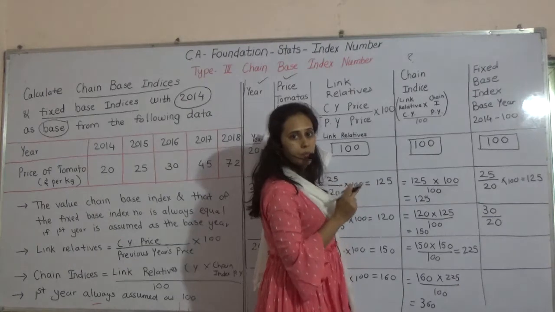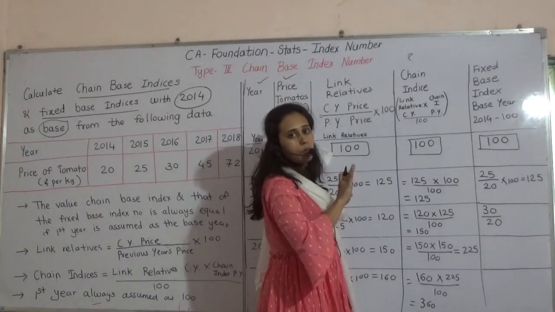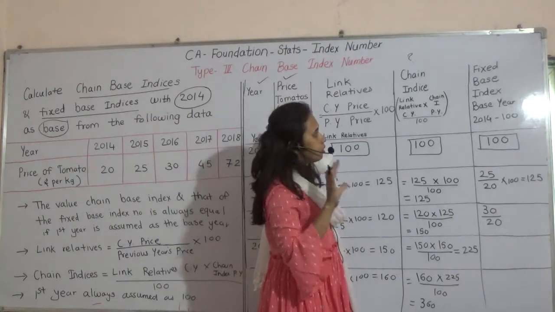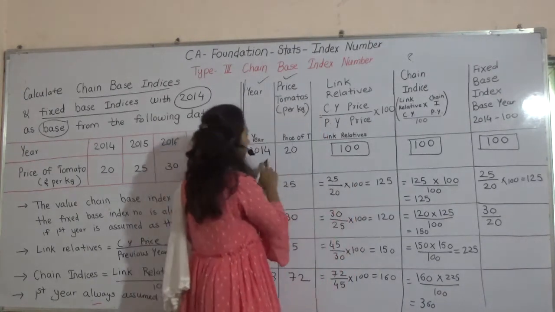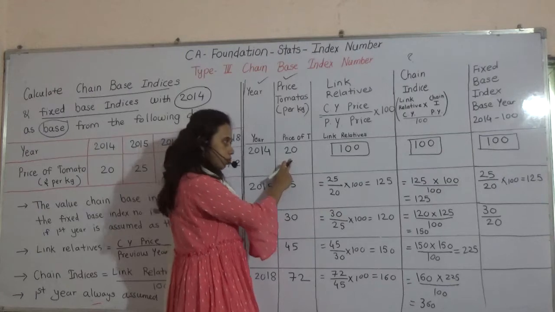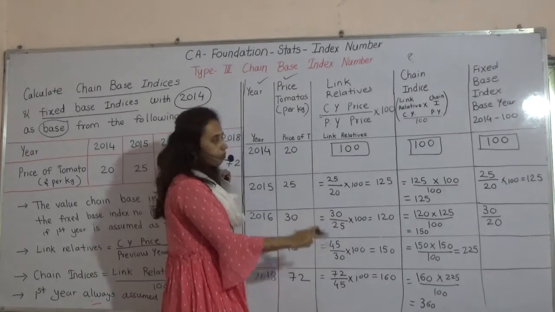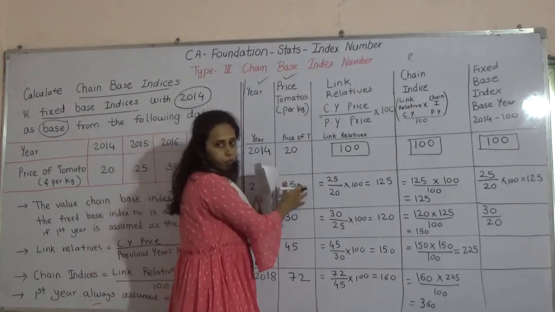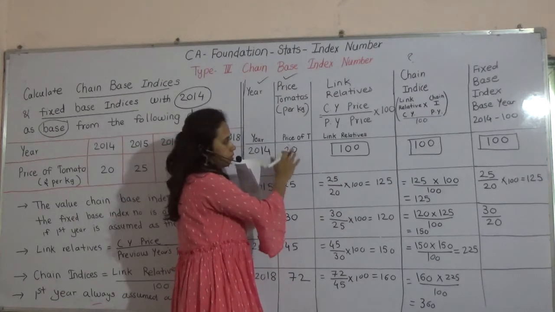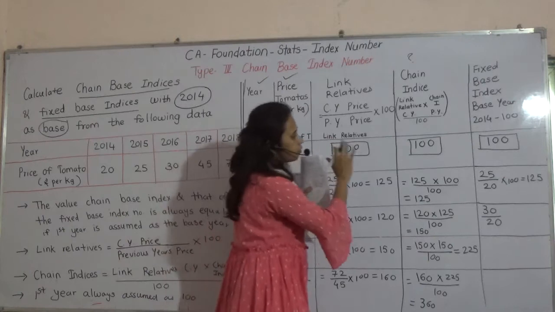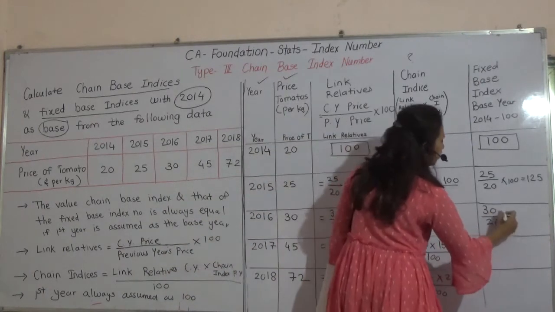Fixed base index means your base is fixed. Here we have assumed 2014 data as the base, and the 2014 price has been given as 20. So every time I have to consider current price divided by the base year fixed price, that is the 2014 fixed price of 20, into 100.